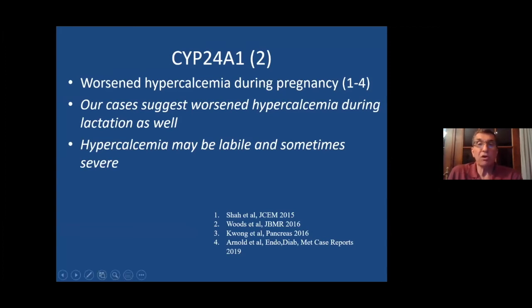And what's been reported, like our patients, is significant worsening of hypercalcemia during pregnancy. I think our cases extend this to lactation as well. And that hypercalcemia can be really labile and be very severe.